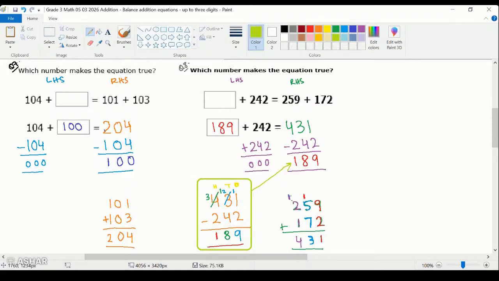Okay, let's see. 431 minus 242, 189. Let's do it again. No problems. Let's confirm. Let's redo it.